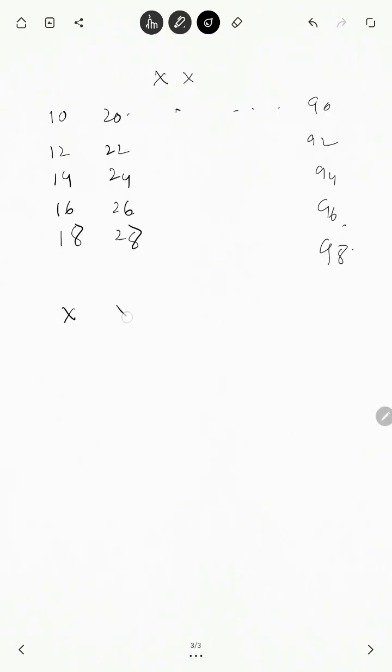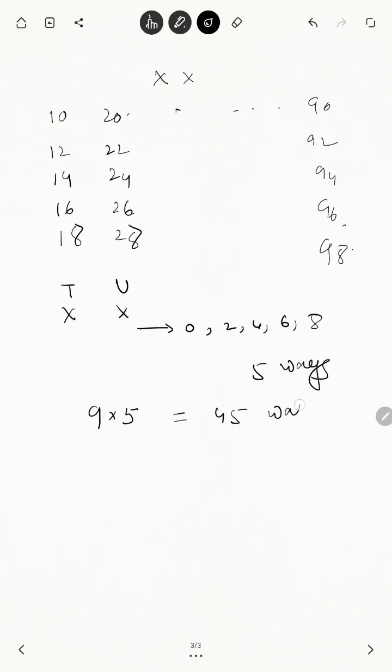Now, how many ways can you guess what your roll number was? This is the tens place and this is the unit place, right? The unit place, to get an even number, is 0, 2, 4, 6, 8. How many? 5 ways. So unit place, we have 5 choices. For the tens place, we cannot take 0. We are taking 1 to 9, all these 9 digits. 45 ways are there.